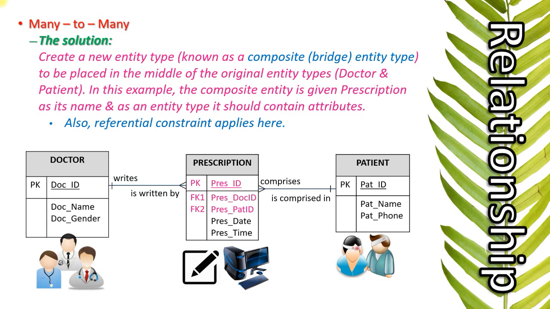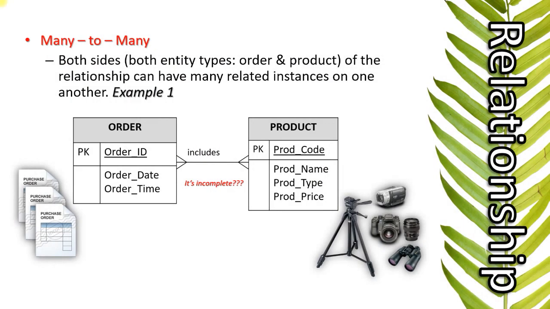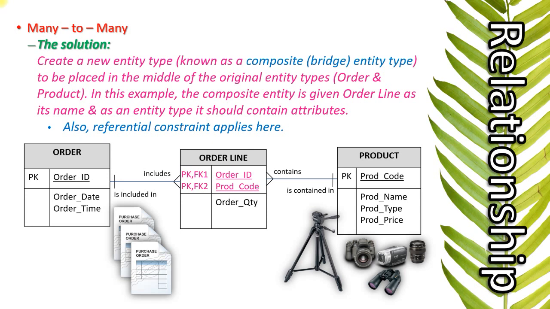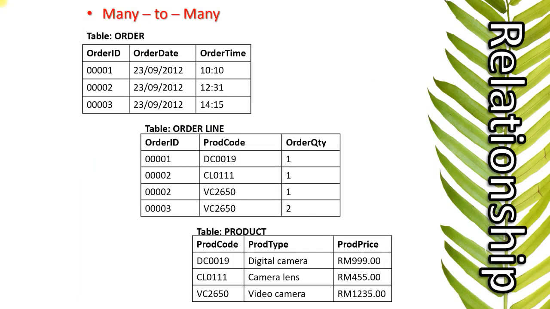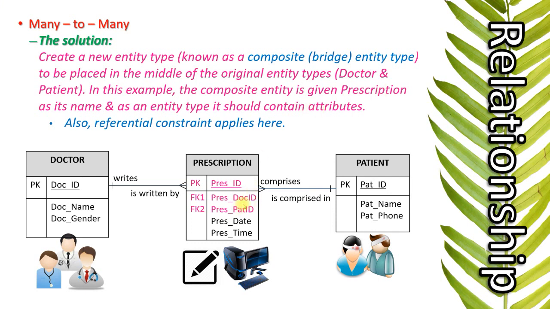Bear in mind the only difference between the prescription entity type and the one that we had before, the order line entity type, is that there order ID and product code are assigned together as the primary key. But here, doctor ID and patient ID are not assigned together as the primary key.